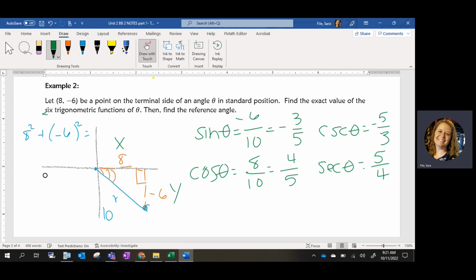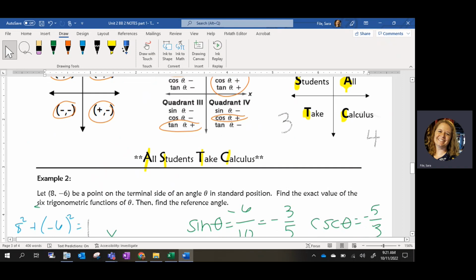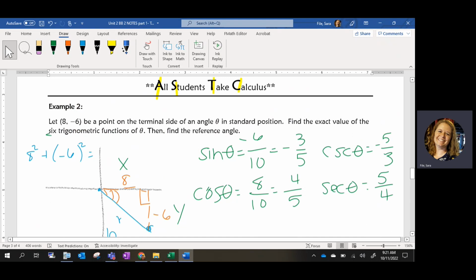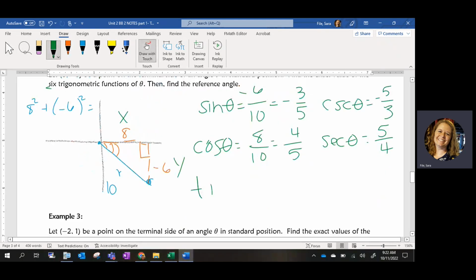And notice that one came out positive, which is good because in this quadrant 4, cosine should be positive, and sine came out negative, and tangent should come out negative, which it will. So the reciprocal functions keep the same positive or negative sign as their reciprocal. So if sine is negative, cosecant's negative. If cosine's positive, secant's positive.